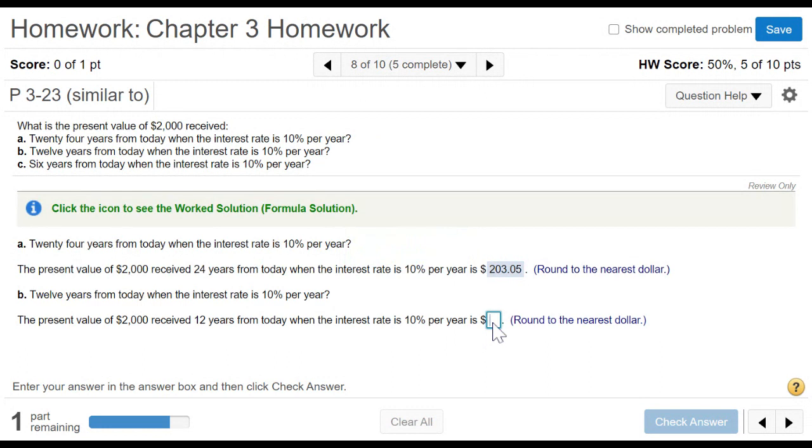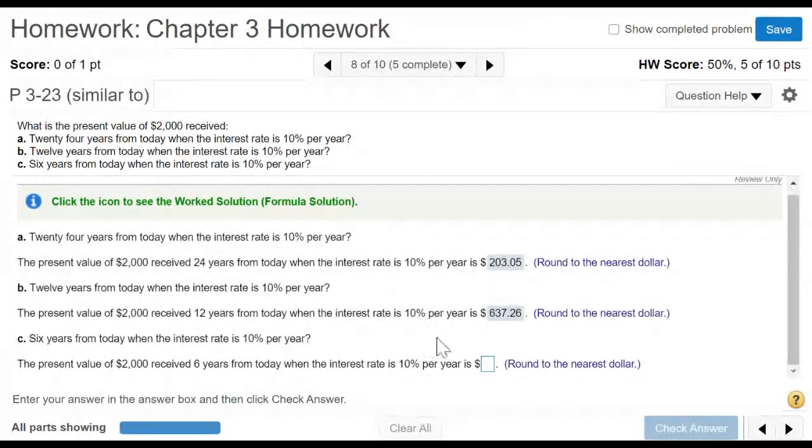Next one. 637.26. Good. Next. $1,128.95.